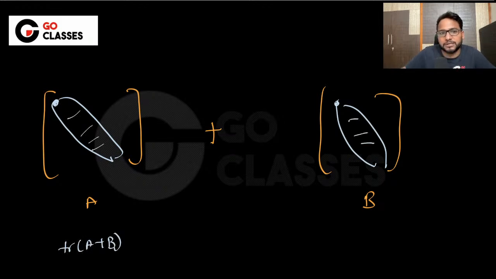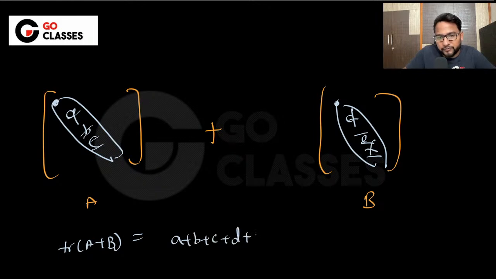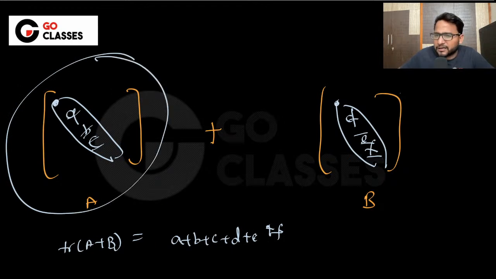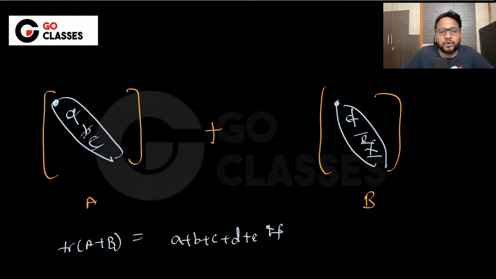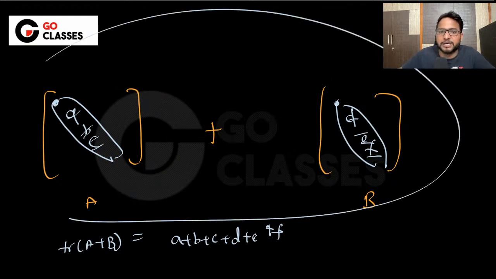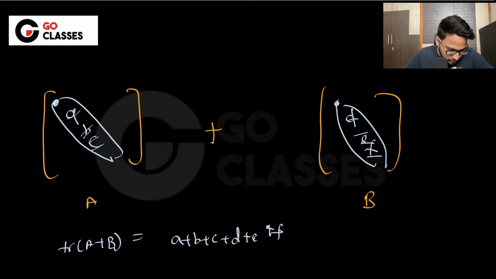Let's suppose these numbers are a, b, c, d, e, f. Then this is a plus b plus c plus d plus e plus f. Either you first find a plus b plus c, and then d plus e plus f, and then do the addition, or you first add both the matrices and then find the trace. So basically it should be the same.